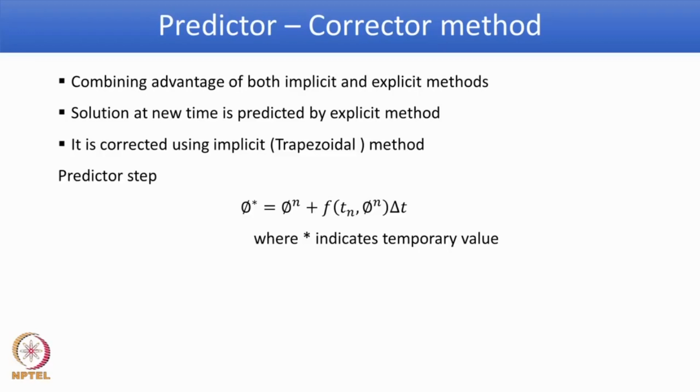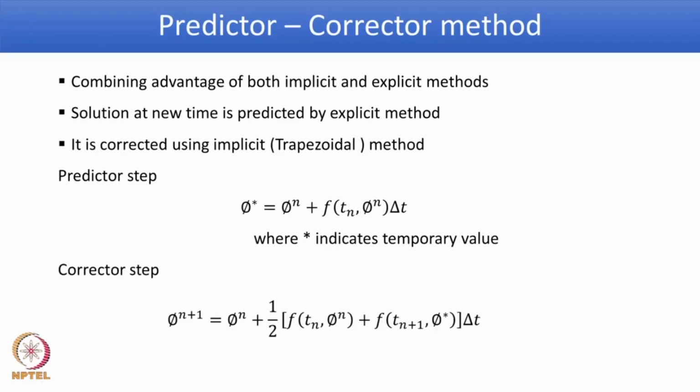because it is only predicted, it is not an exact value, we use a superscript star. So, phi star equals phi of n plus f of t n, phi n, times delta t, and this we already know is the forward Euler or explicit scheme. The superscript star indicates a temporary or predicted value, and this will be corrected using the trapezoidal rule, and that is what is shown here.